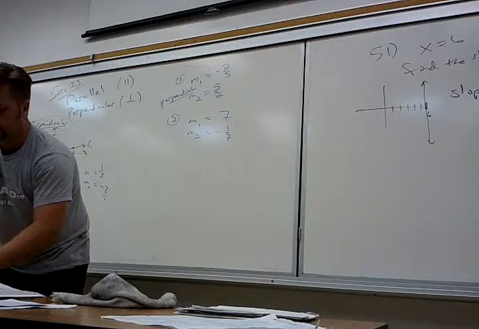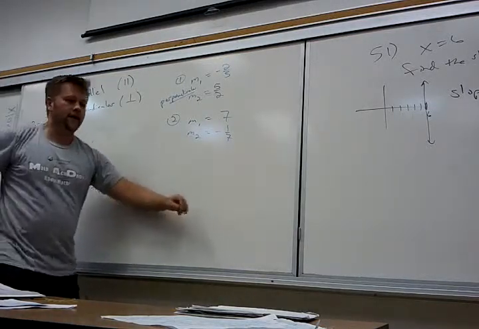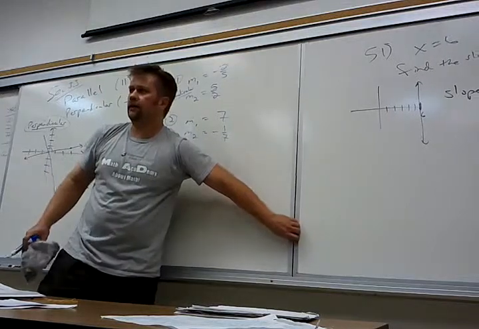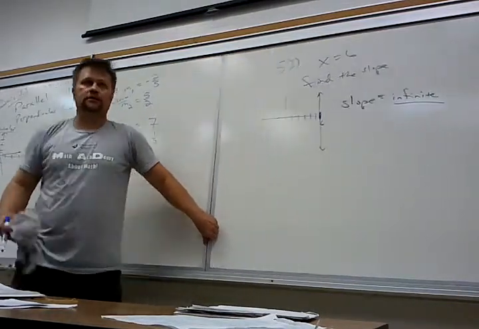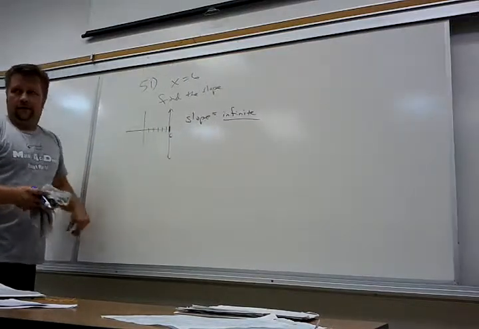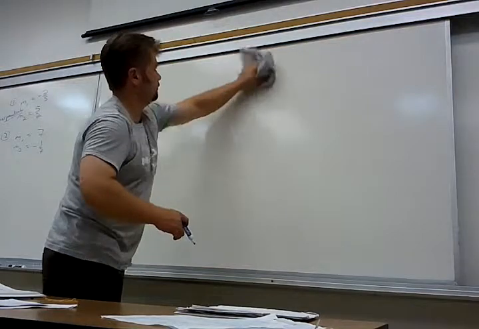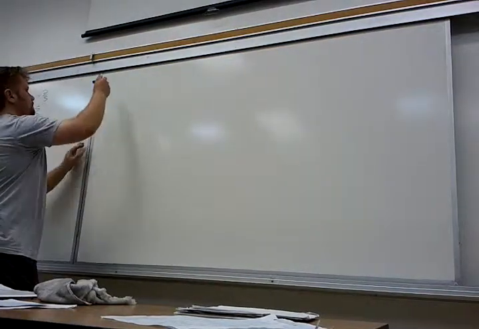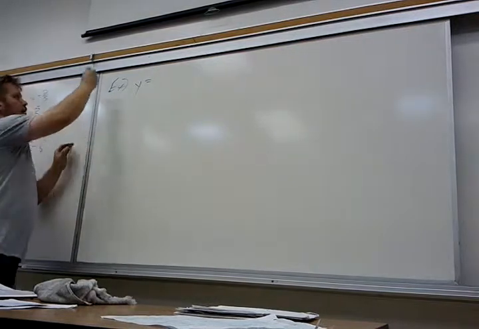So, we are now ready to finally get to what you know is coming, and that is the form of lines, the form of the equation. We actually haven't talked about mx plus b yet. So now we're getting into section 3-4.